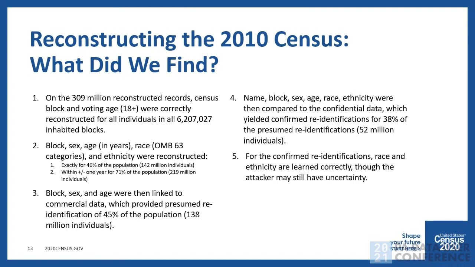Moreover, we were able to reconstruct detailed individual level information, including sex, age plus or minus 1 year, race, and ethnicity for 71% of the entire US population. And then linking these reconstructed records to commercially available data from the time period, we were able to confirm accurate re-identifications on all variables for 52 million people.